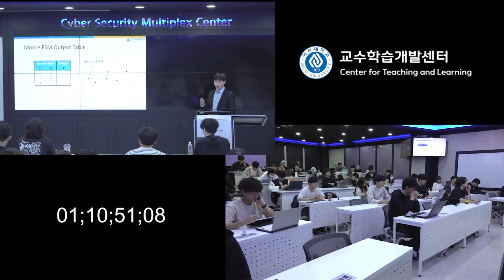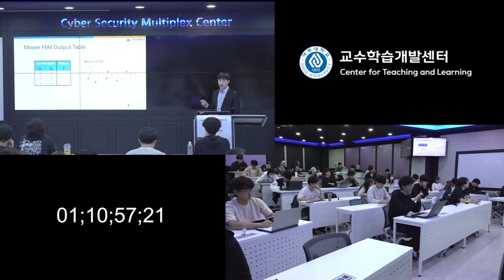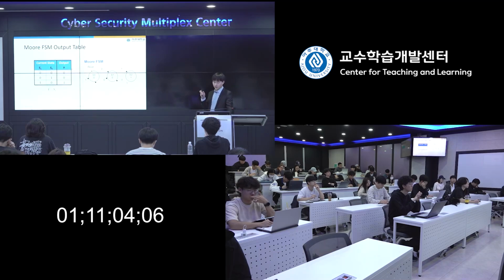With the Boolean equations, you can build the digital circuit. This is the output table. Remember that for the Mealy FSM, the output table will be built together with the state transition table. So we can easily get the output y equals S1 for the Moore one.